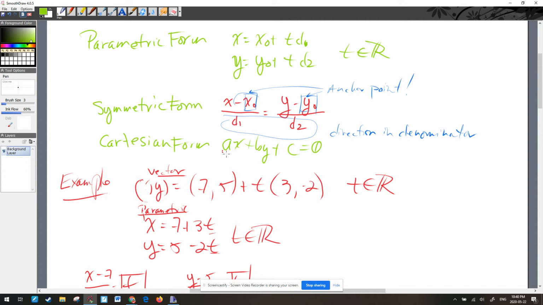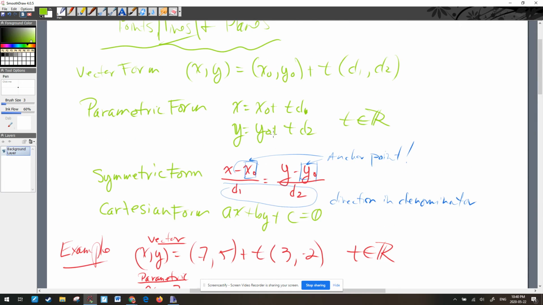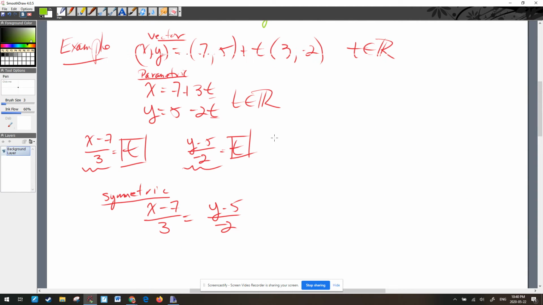We didn't call it the Cartesian form when we were in grade 9. We called it the standard form of a line, but the Cartesian form of the equation is, in fact, another form of a line. We can solve for the Cartesian form by clearing the denominators.